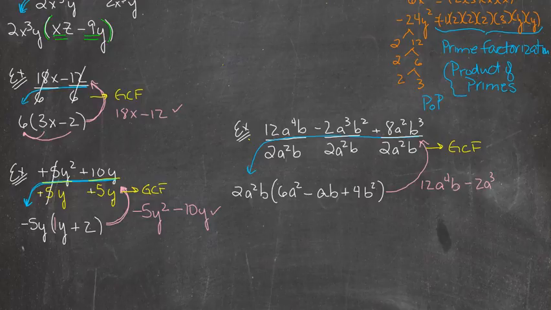And then b and another b is 2 b's. Plus, because a positive and a positive, then 4 times 2 is 8. A squared, and no more a's. 1b and 2 more b's is b cubed. Did I get back the original problem? I did. I got back exactly what I started with, and so I know that I've done my work correctly.